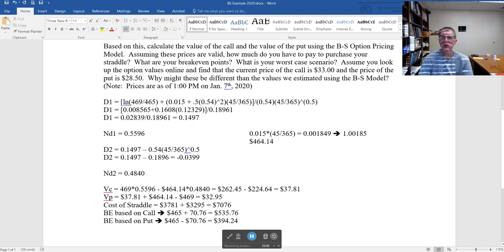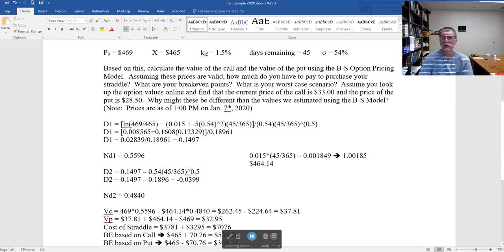What is our worst case scenario? This is what a lot of people will get wrong. They're saying, well, you're buying a call and you're buying a put, so the worst case is the stock price doesn't move. But technically that's not true because our call is currently in the money. So worst case scenario would be our price drops to 465.